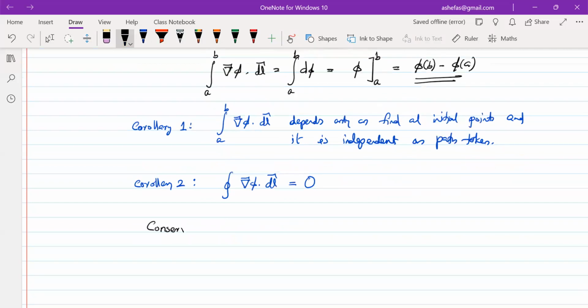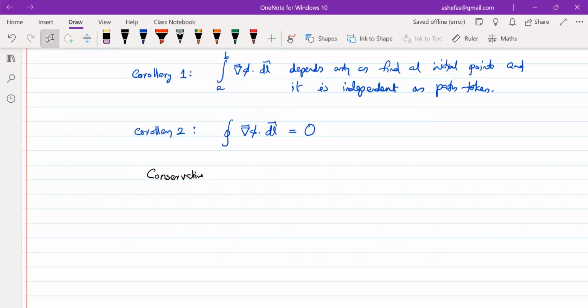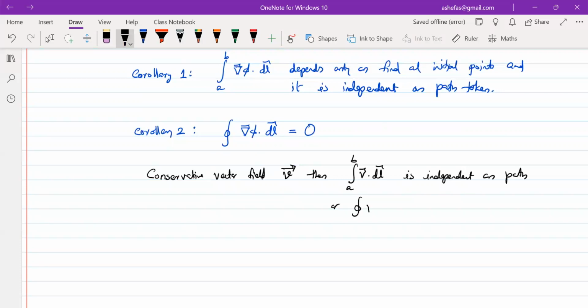Okay, so for a conservative vector field, if we denote the conservative vector field as V, then the integral from a to b of V dot dl is independent of path, or the closed integral of V dot dl is equal to 0.